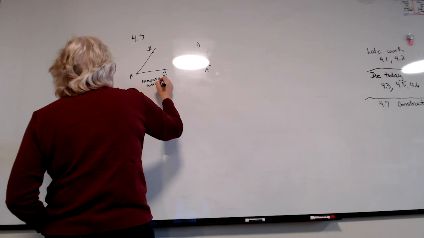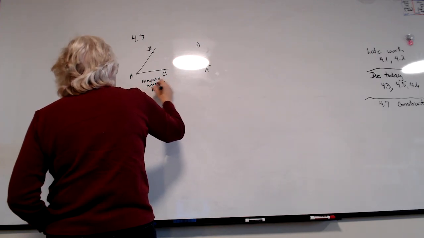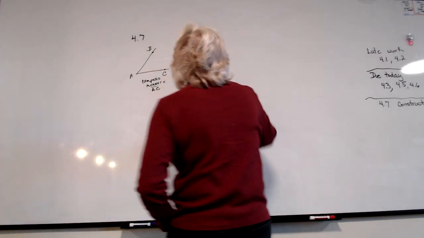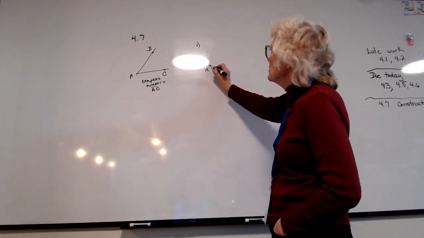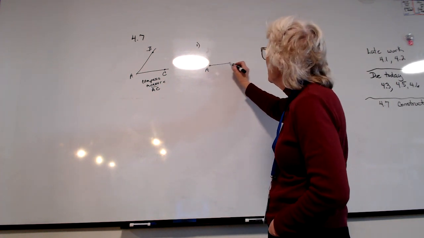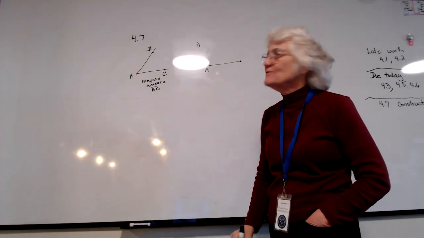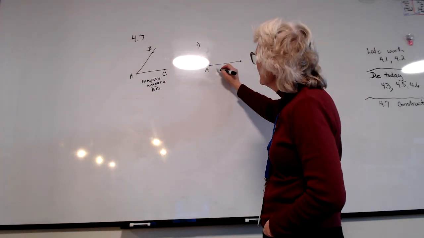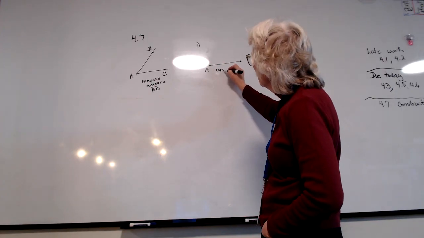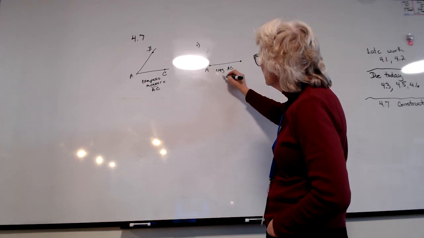Measure AC. Draw that line segment over here. So basically you're just copying a line segment like we kind of did before. So I want to then copy AC to here.